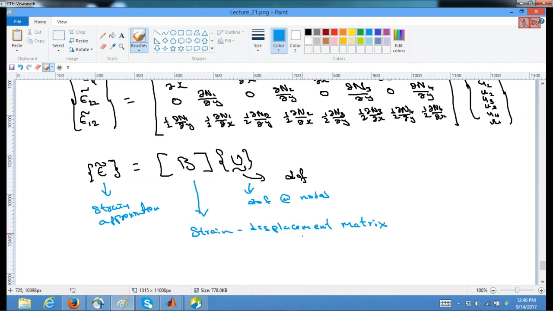So the strain displacement matrix is the one that connects the strain approximation and the degrees of freedom.